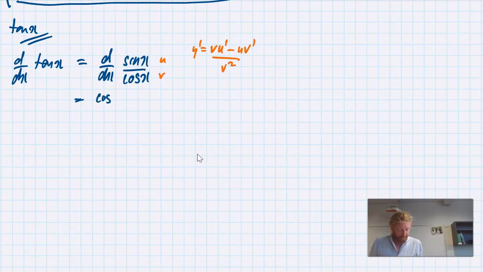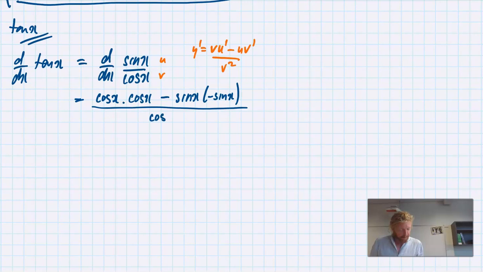V du, sine differentiated goes to cos, minus u, which is sine x, dv, the derivative of cos, is minus sine, all on v squared, which is cos squared x.